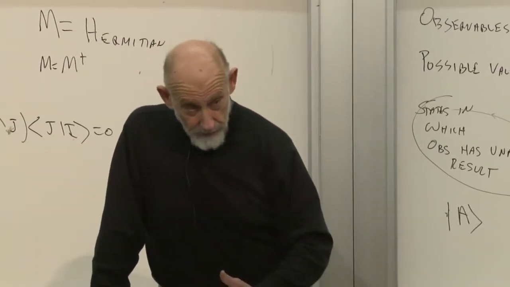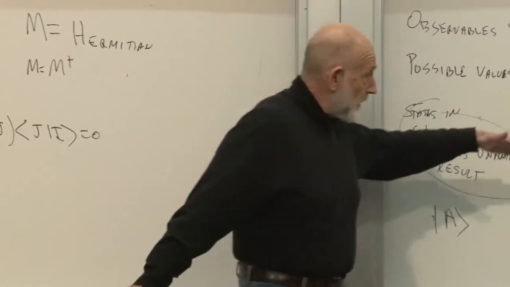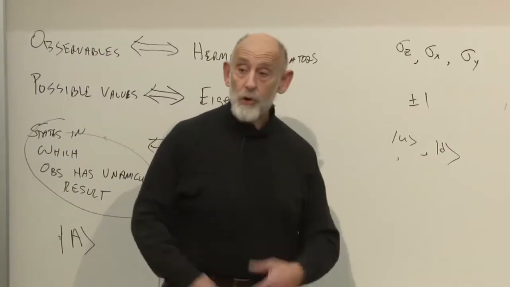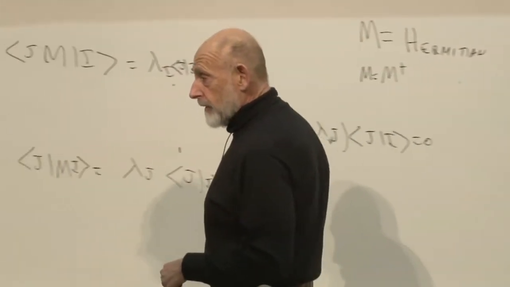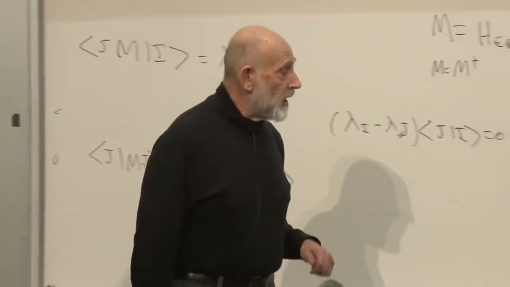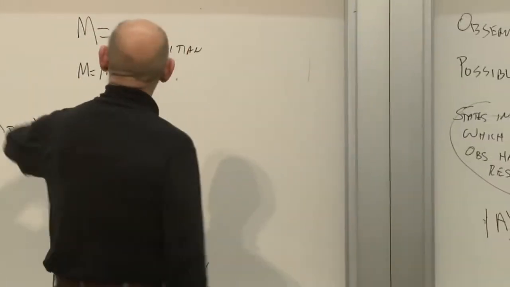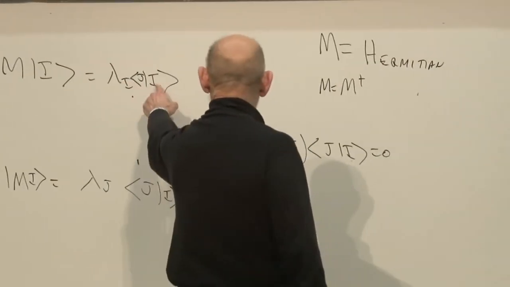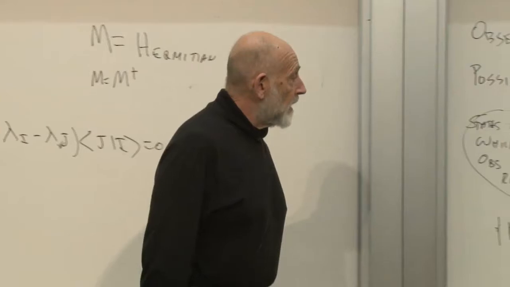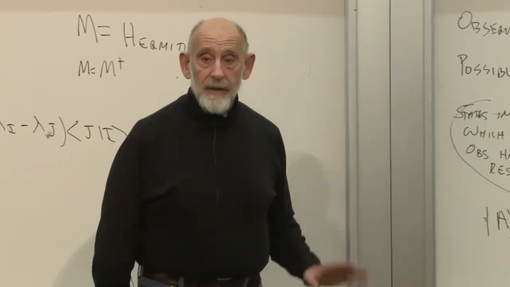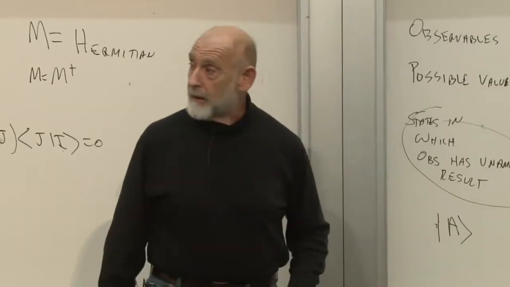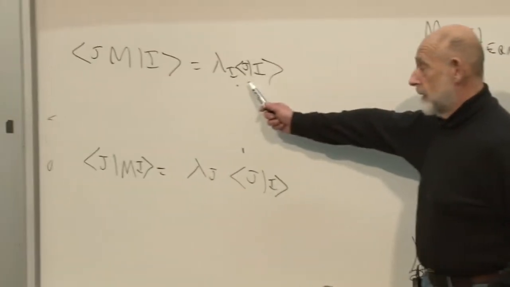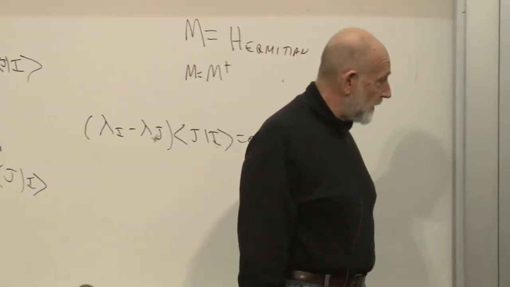There may be several different eigenvalues. In this case, they would be +1 and -1, but more generally, 1,000 eigenvalues, 1,000,000 eigenvalues, whatever the number is, labeled by the label I. What is the probability that when you measure M, you get lambda I? That's the last piece here.